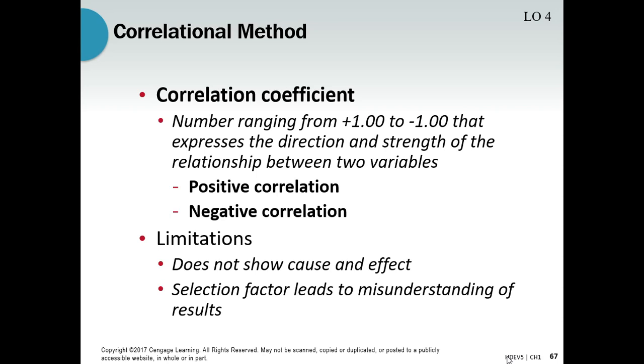Just because two variables correlate does not mean that one variable caused the other. And the classic example is ice cream and crime rates. When ice cream sales go up, crime rates also go up. And when ice cream sales go down, crime rates also go down.